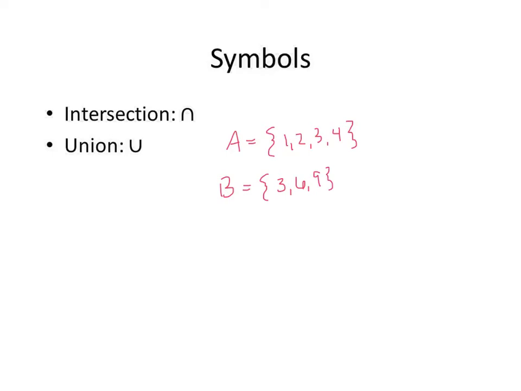If you want the intersection of those numbers, you'd write A intersection B. So the intersection is where do they overlap? They only overlap at 3. That's the only number they have in common. But if you want the union of those numbers, that is all the numbers that are there. So you get 1, 2, 3, 4, 6, and 9. That is every number that's there, no repeaters. So that's what intersection and union mean.